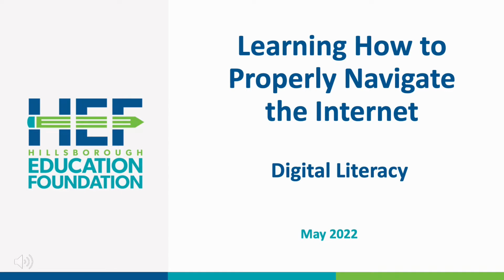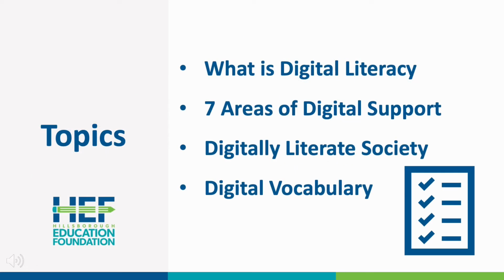And today we will be focusing on the topic of learning how to properly navigate the internet with emphasis on digital literacy. So there are four topics that we are going to cover today. The first one that we're going to discuss is what is digital literacy?